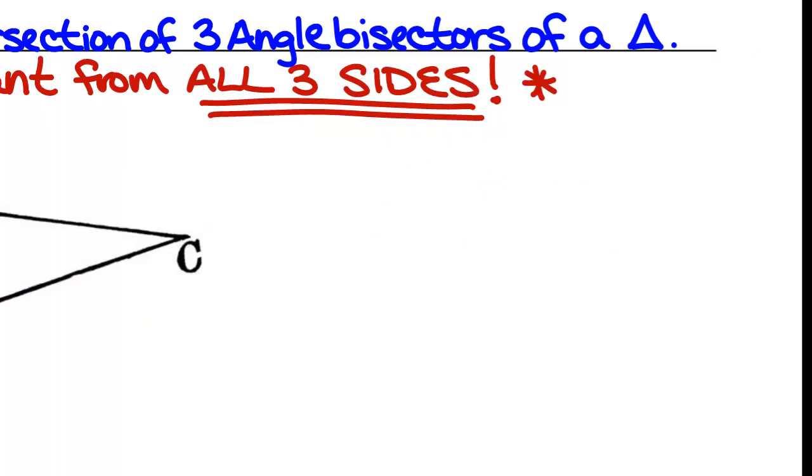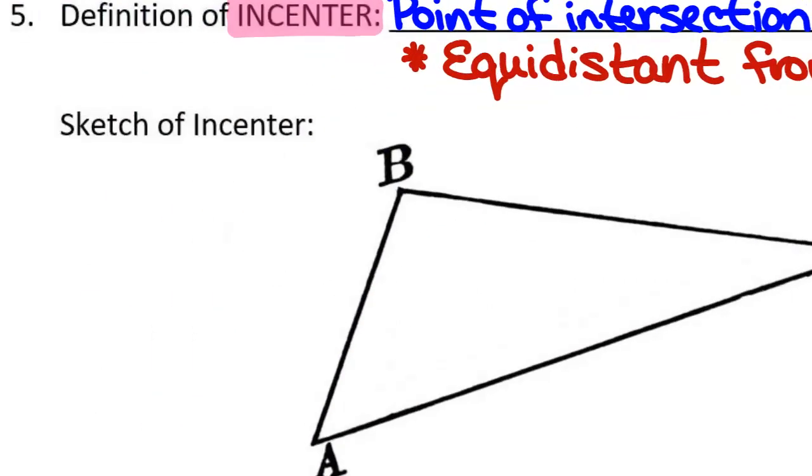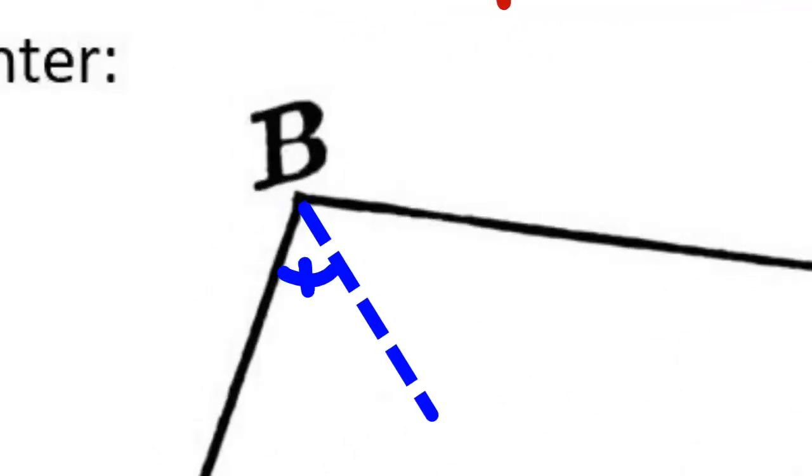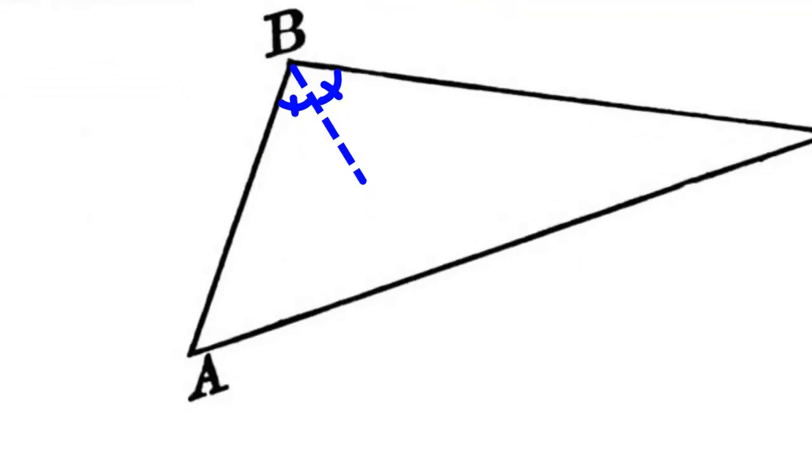So we're going to draw in the angle bisectors and the incenter in this picture here. So I'm going to draw in the angle bisector for angle B. So that means this angle is congruent to this angle. The angle bisector for angle A. So this angle is congruent to this angle.